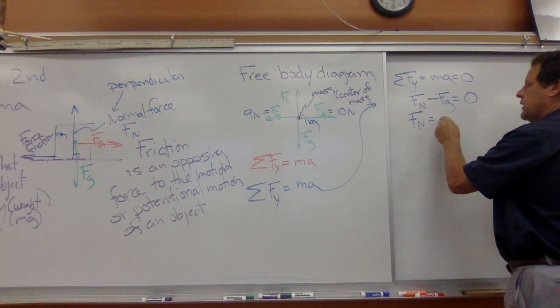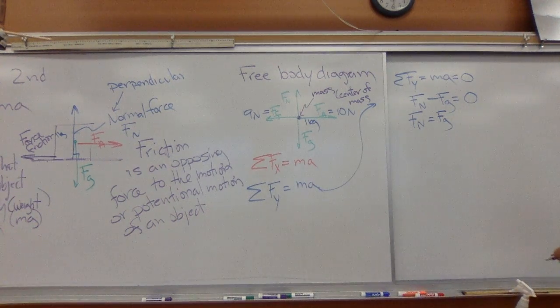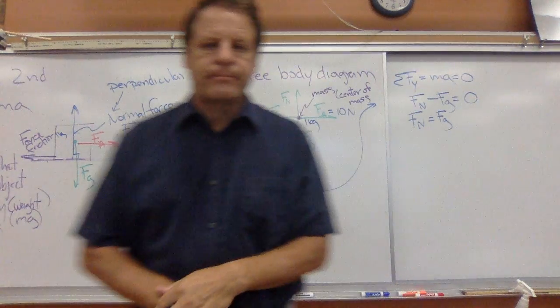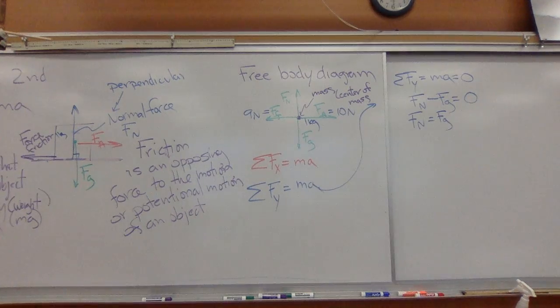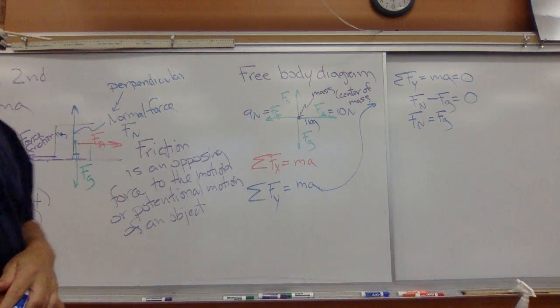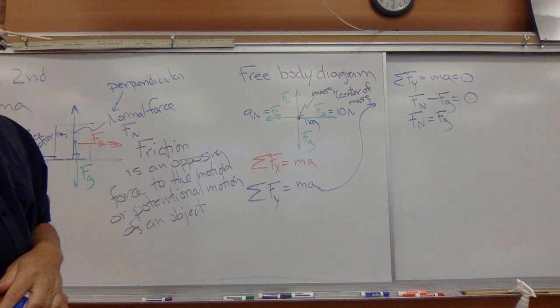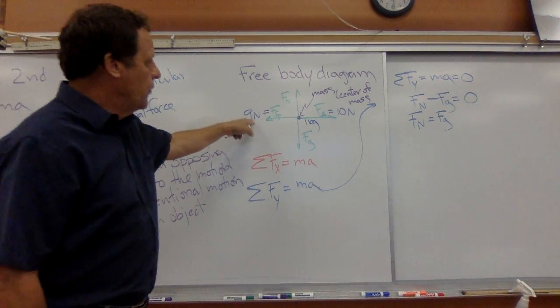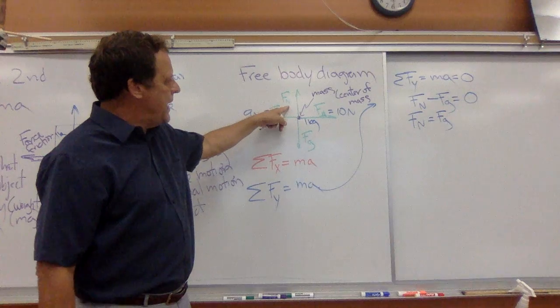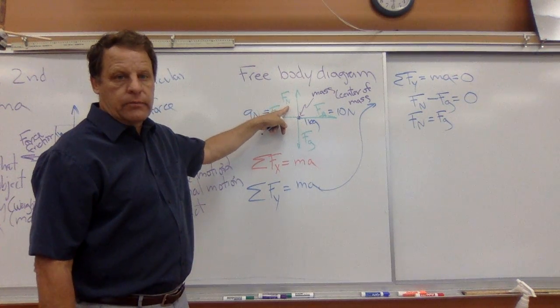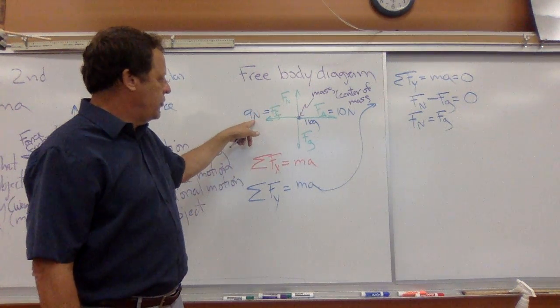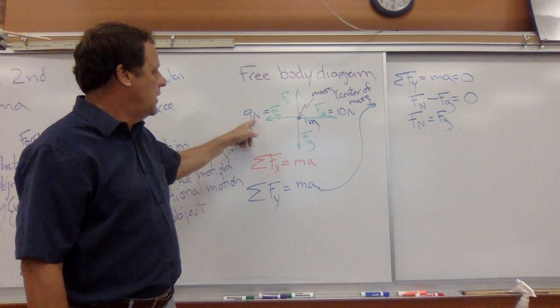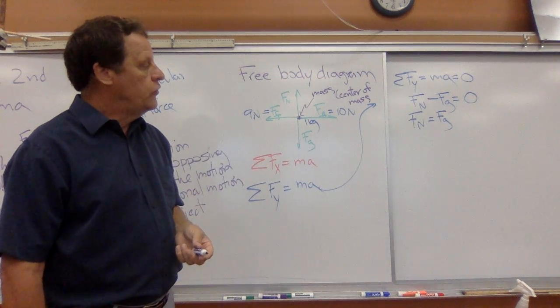So we have the normal force is equal to the force of gravity. It is not going to matter right now, but later when we talk about it, the force of friction is dependent on the normal force. But right now we're just saying that it's equal to 9 newtons.